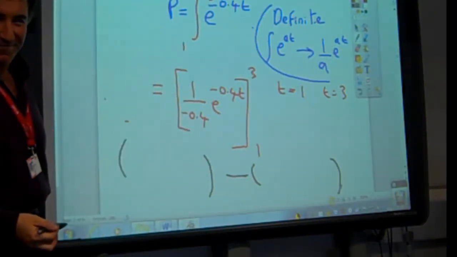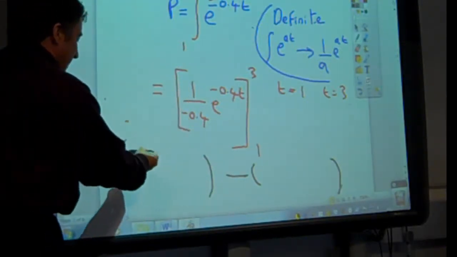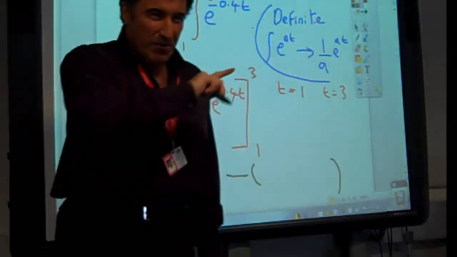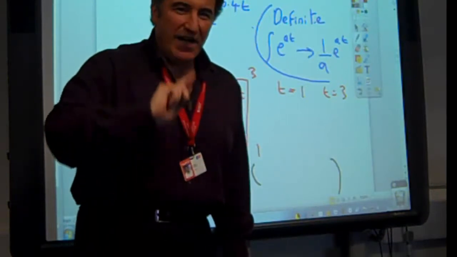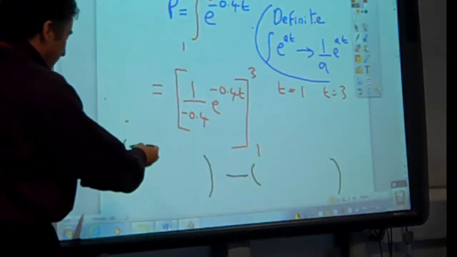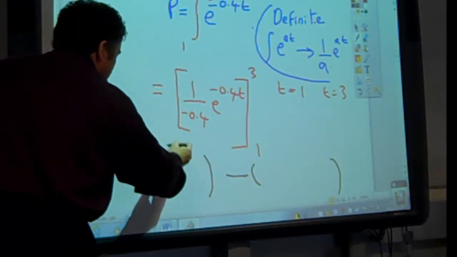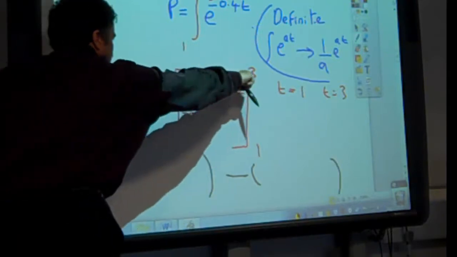Those of you that like using calculators, you could say that 1 divided by minus 0.4 is minus 2.5, because a plus divided by a minus is a minus. 1 divided by 0.4, if you multiply the top by 10 and the bottom by 10, it's 10 divided by 4, which is 2.5. That's one way of looking at it. So that's 2.5 e to the minus 0.4 times the 3 value.